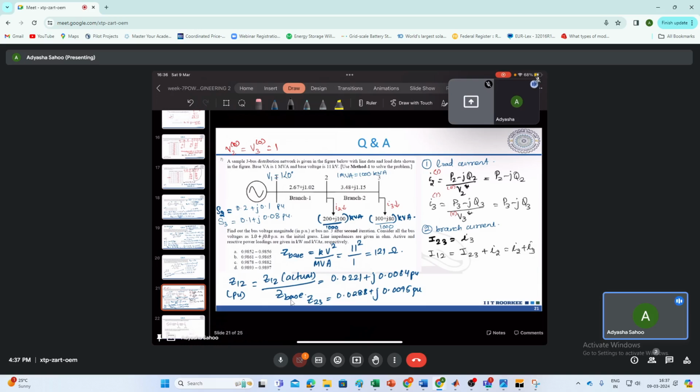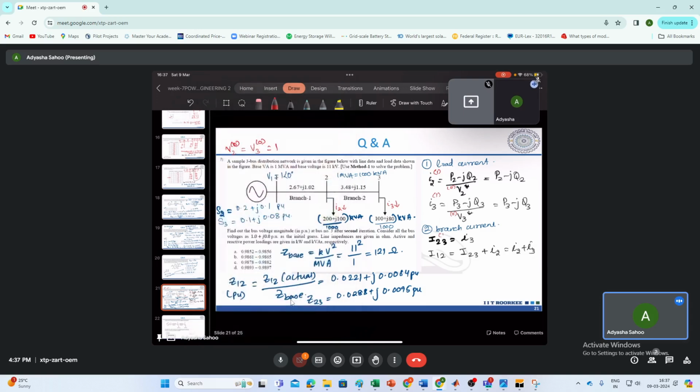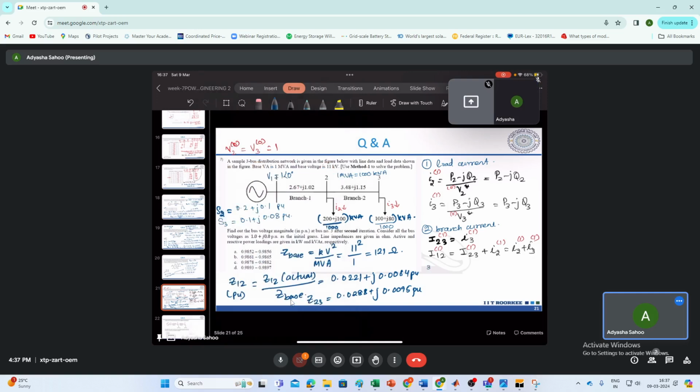So once you know the branch currents, now you'll calculate the forward step, which is node voltage.